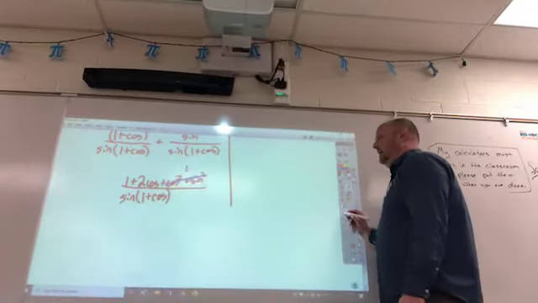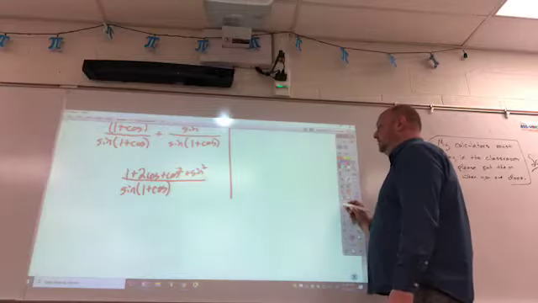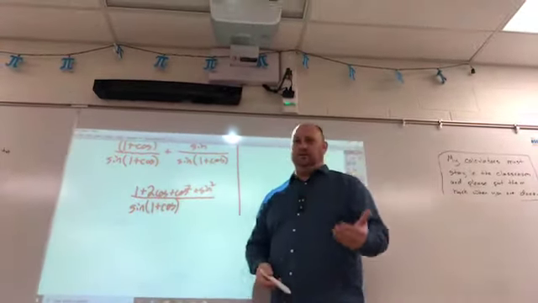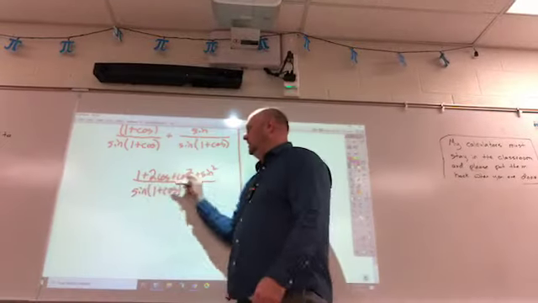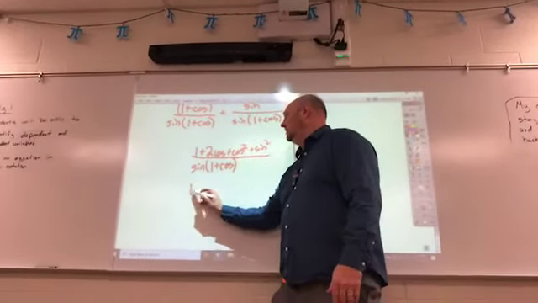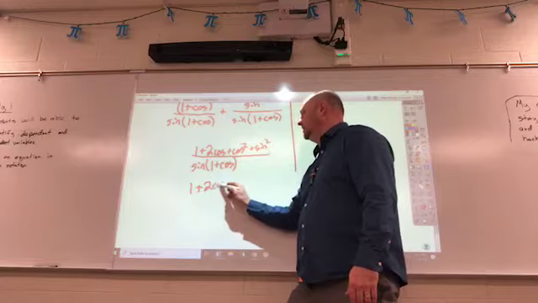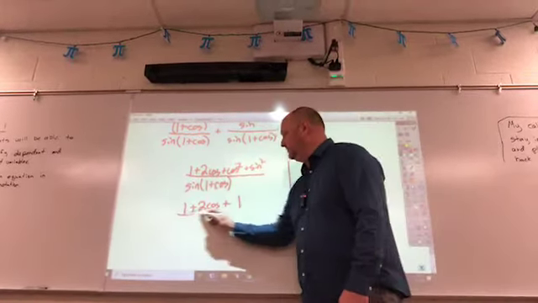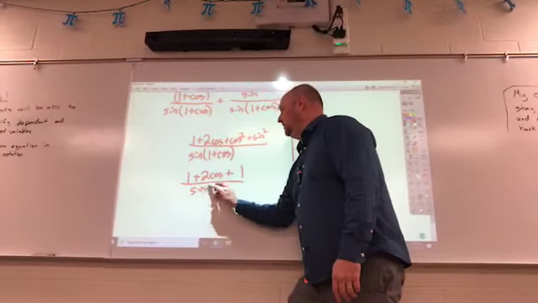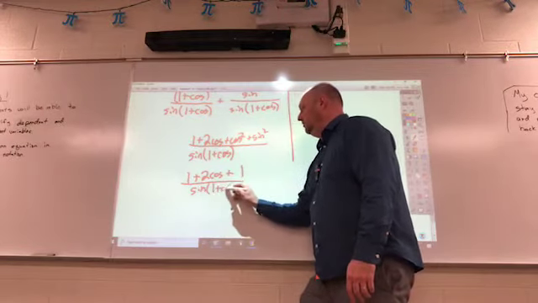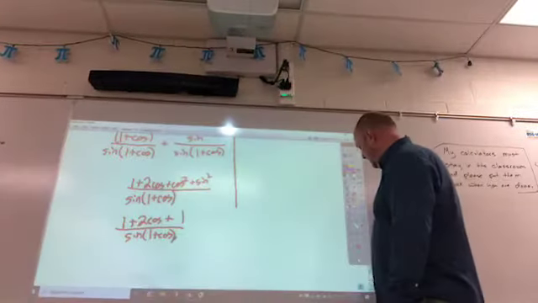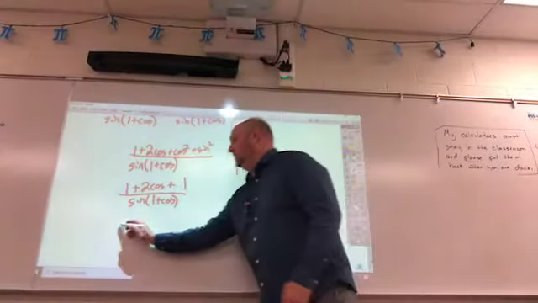Now, technically speaking, I would like to see you guys on the next step. Again, I have to be able to follow your logic. The easiest thing to show is 1 plus 2 cosine plus 1. This became 1. Now, if you jumped right from here and skipped this step, I'm pretty good at these.